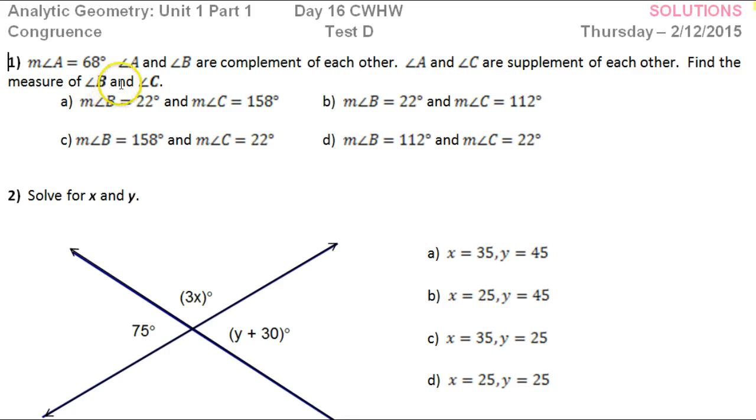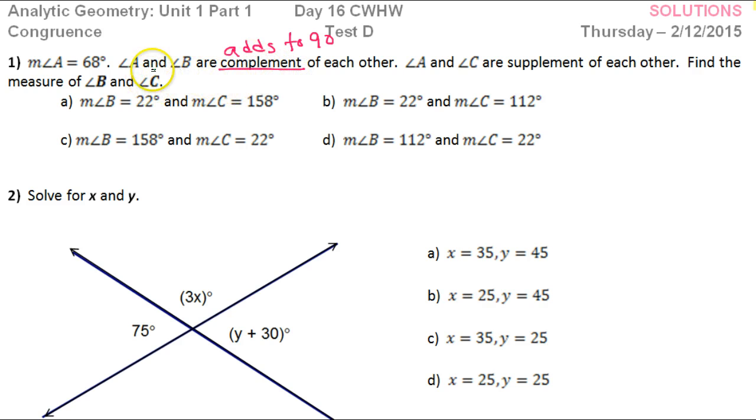Find the measure of B and the measure of C. If A and B are complementary and angle A is 68 degrees, you need to understand that complementary means adds up to 90. That's what complementary means.